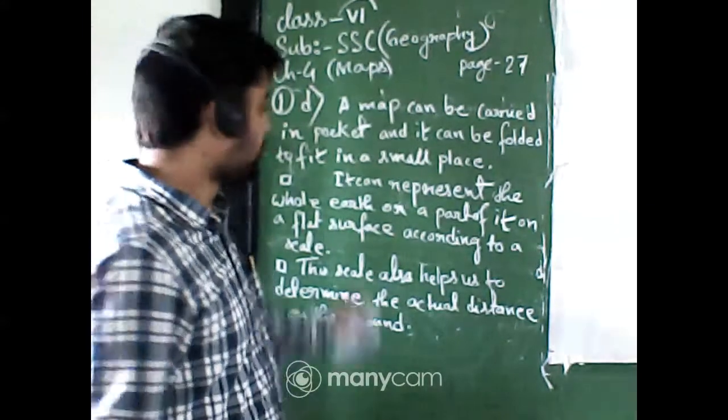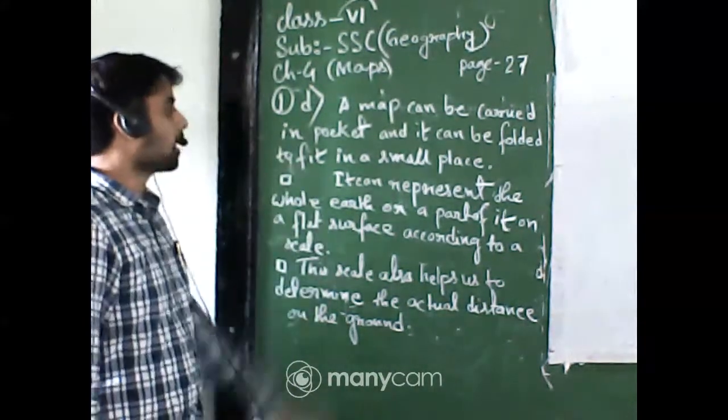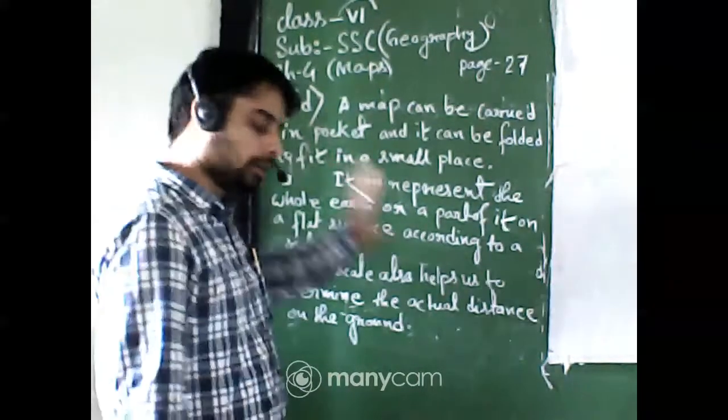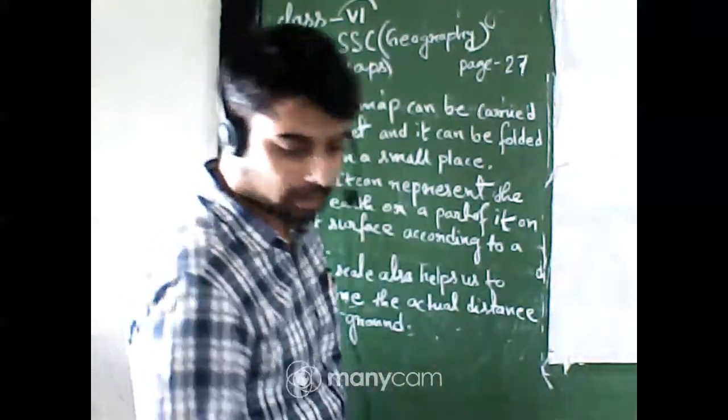Okay, full stop. You can write these 3 paragraphs as 3 points. Okay, 1, 2, 3, this way you can write. Okay, and this is also correct, both are correct.